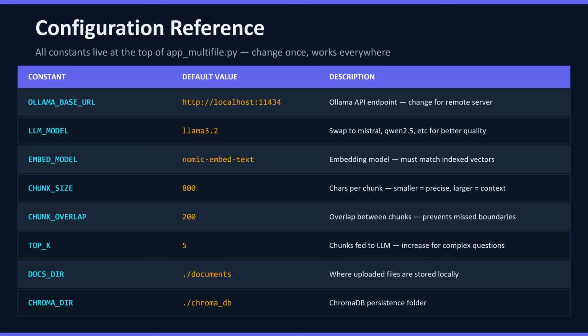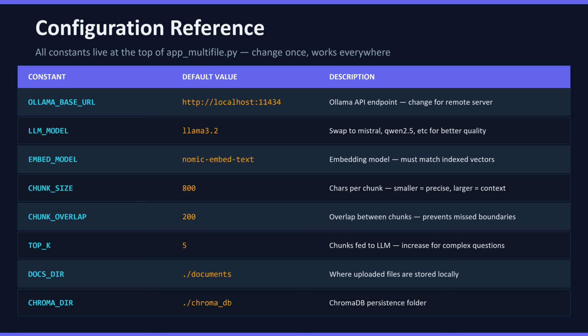Chunk size is 800. This controls how large each text chunk is. Smaller chunks give you more precise retrieval but less context per chunk.